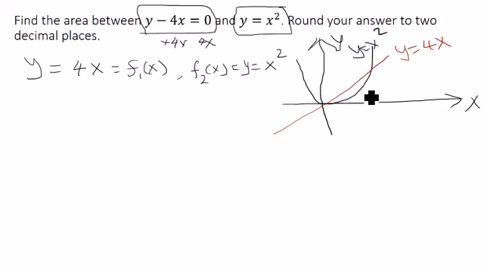So what we're looking for is the area that is bounded between the curves. Now the formula for finding the area between the curves is, let's just use a different color for that formula.